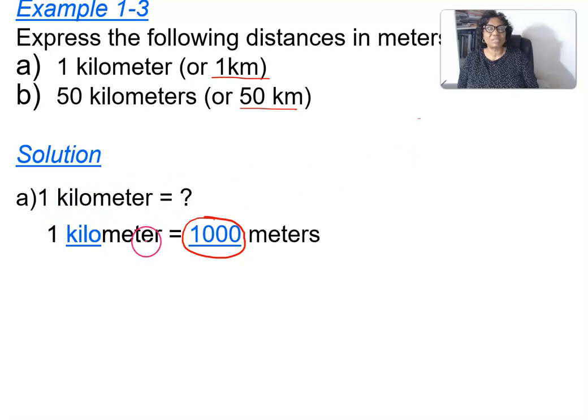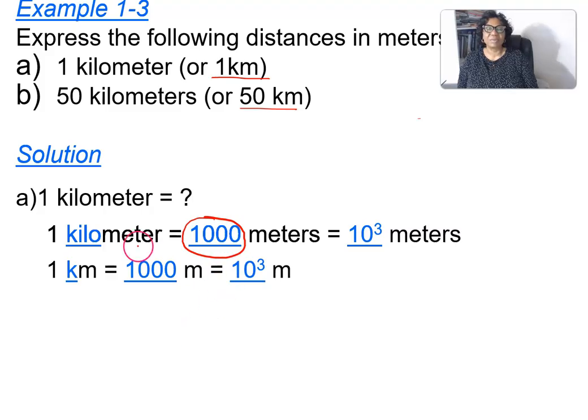So 1 kilometer equals 1,000 meters. Or you can write it as 10 to the 3 meters. This is in words, or in their symbol, you can just write it like this. Kilo equals 1,000 equals 10 to the 3.